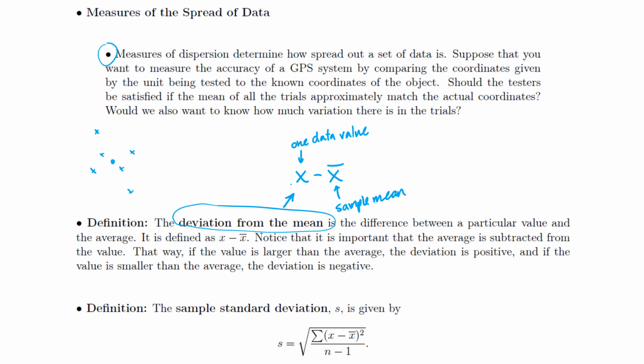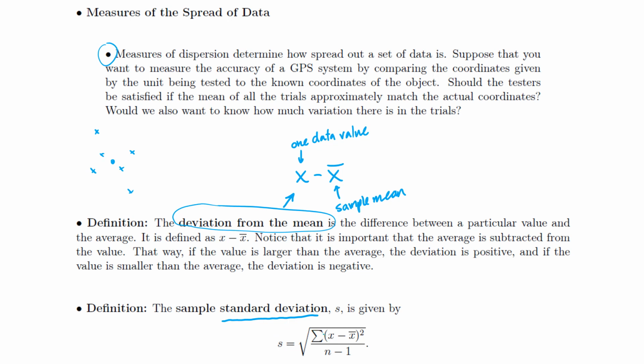But it would sure be nice if instead of having to compute this for every single data value and try to glean some sort of meaning from that, we could boil it down to one single number that could give us a sense of how much variation there is in the data. And that is the purpose of this calculation down here, which we refer to as the standard deviation.